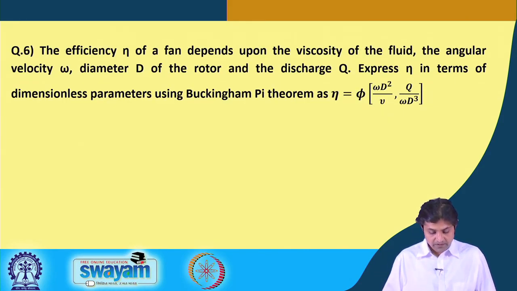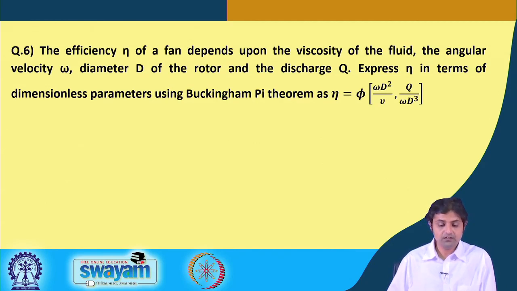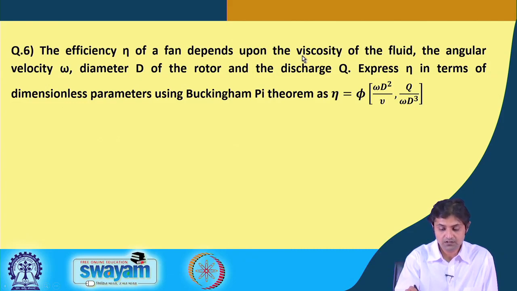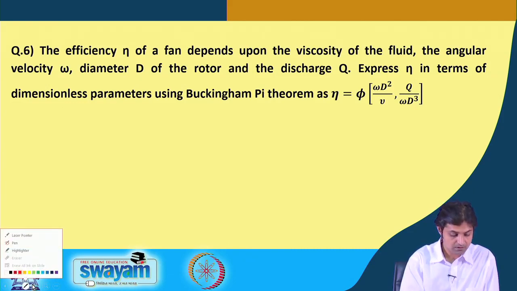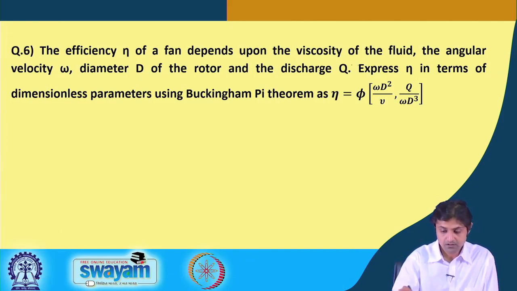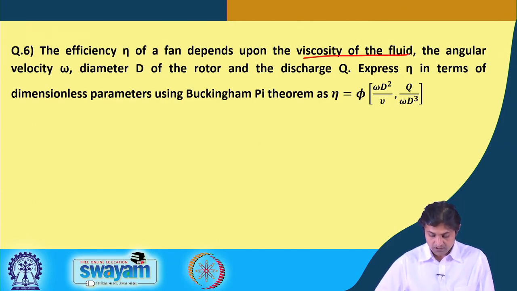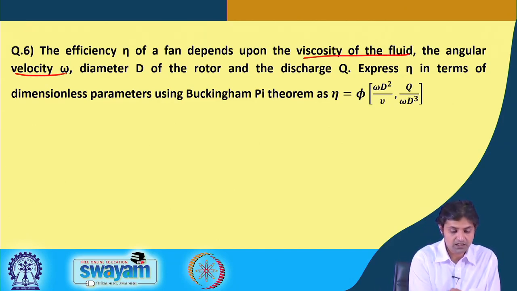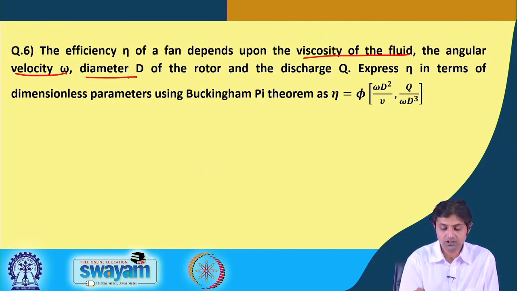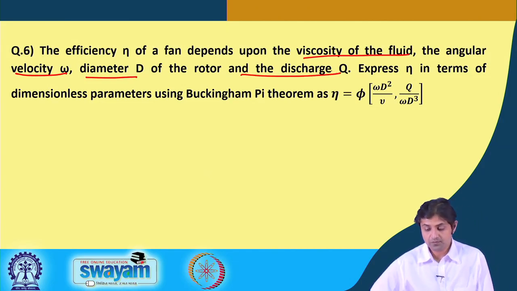It says that the efficiency eta of a fan depends on the viscosity of the fluid, the angular velocity omega, diameter d of the rotor and the discharge q. Express eta in terms of dimensionless parameters using Buckingham pi theorem as eta is a function of omega d square by nu, q by omega d cube.